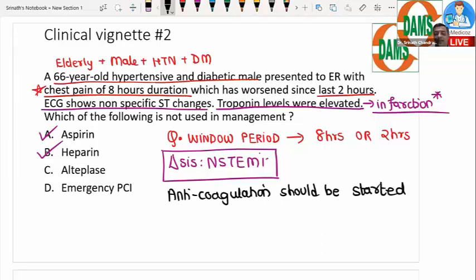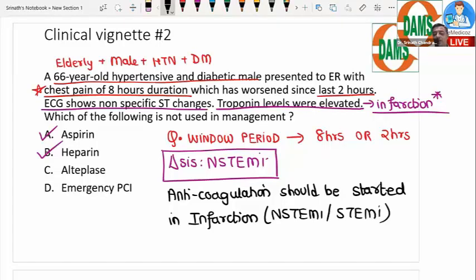Infarction is of two types: we are going to get NSTEMI or STEMI. In either case, you will have to start anticoagulation.